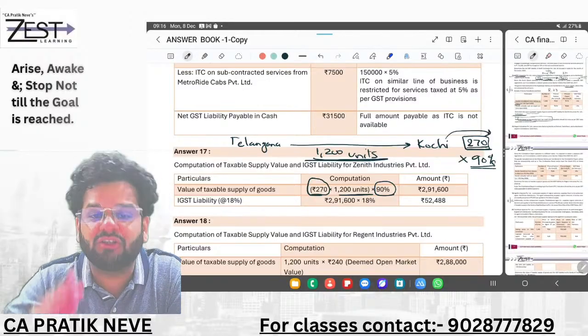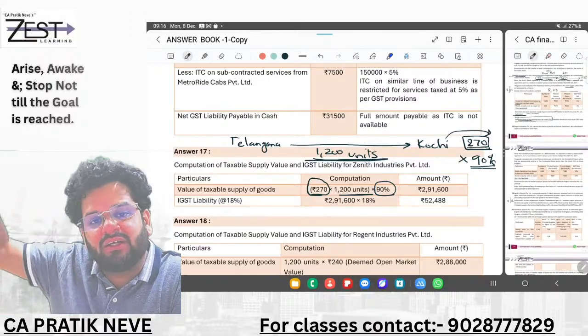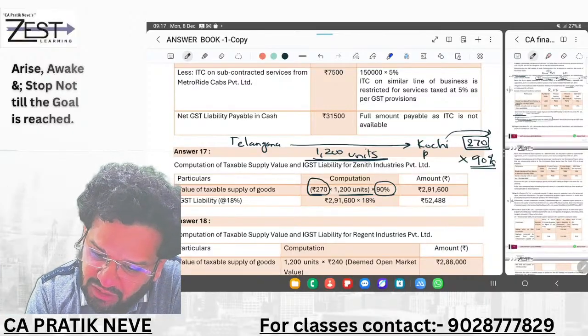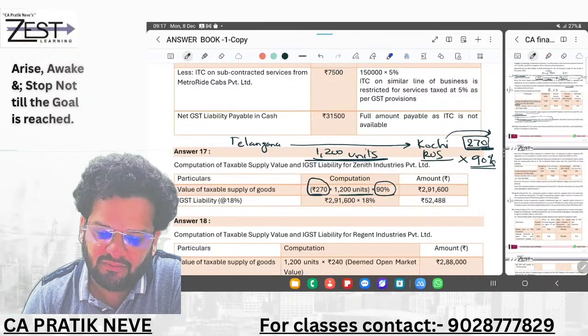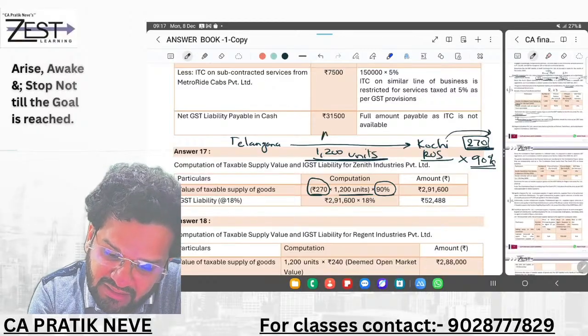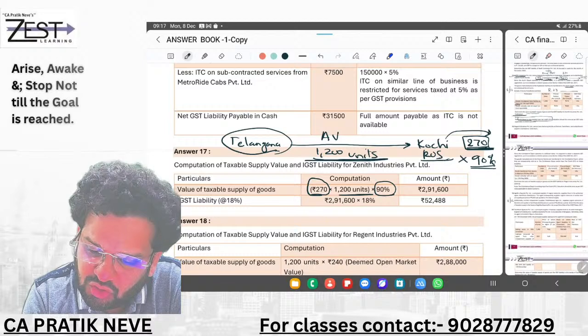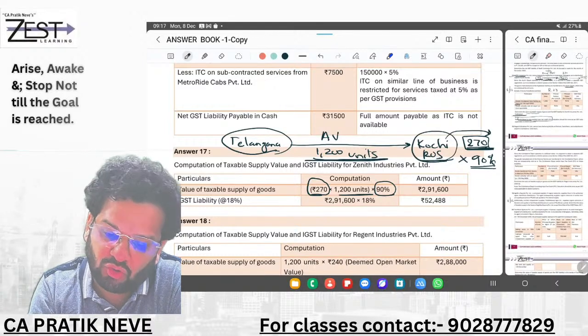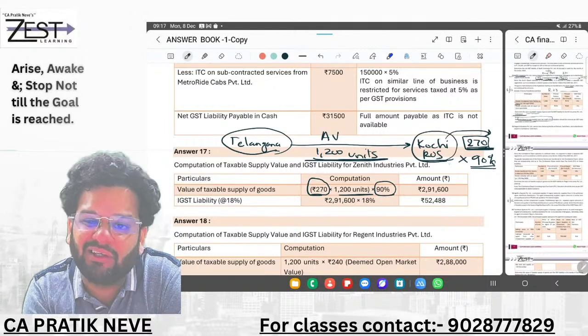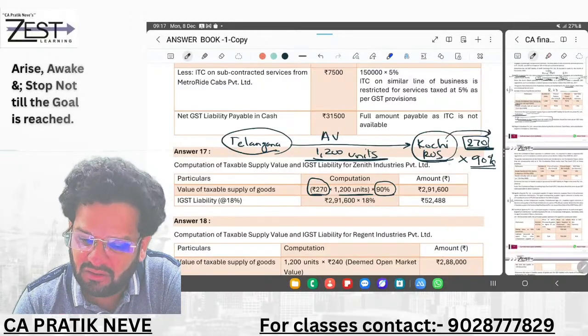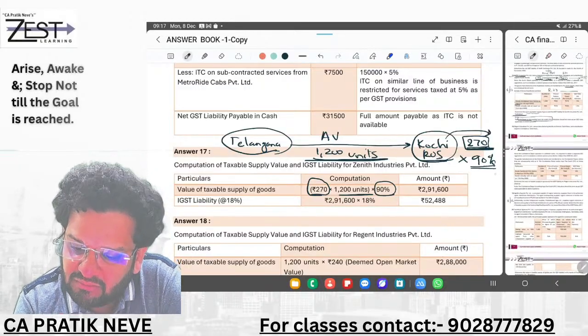Why? Because the logic is 270 is the recipient's selling price. But we want the assessable value when the Telangana unit sells to the Kochi unit. So don't you think the Kochi unit will be earning some profit now? So 270 is after profit.